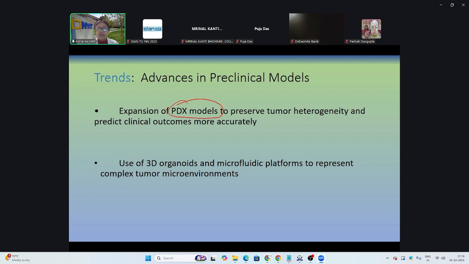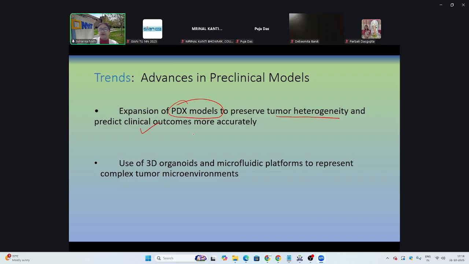Why is that done? That way, if the human cancer patient has tumors with some heterogeneity, it will be there in the animal. So it preserves the heterogeneity and predicts the clinical outcome in an animal model.